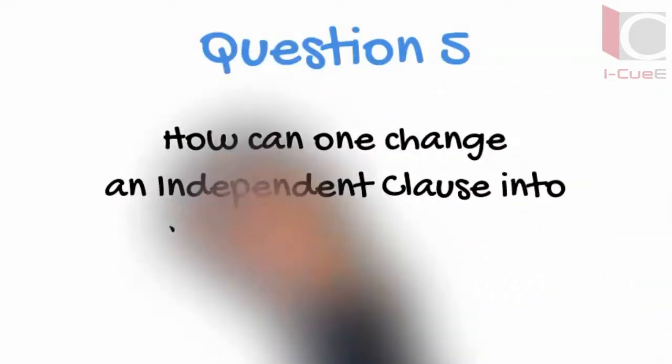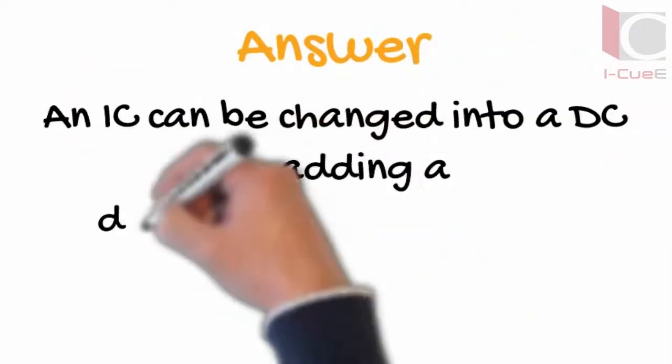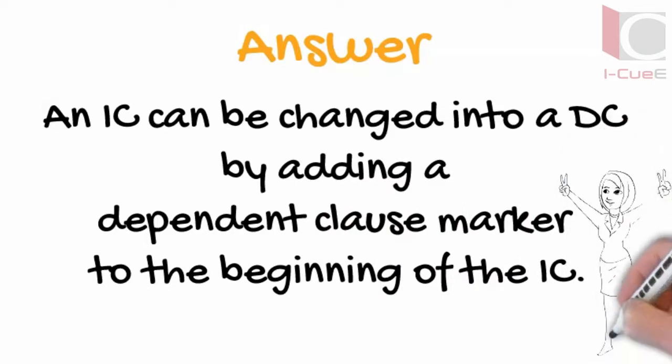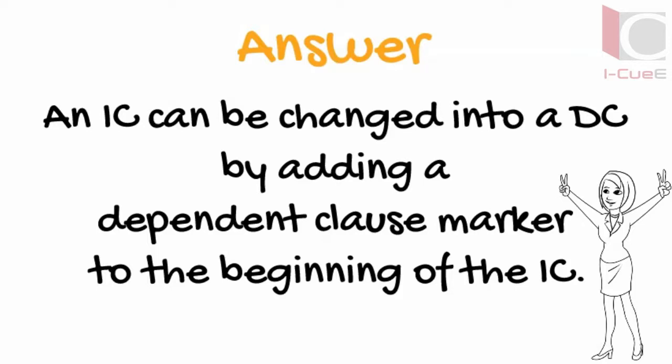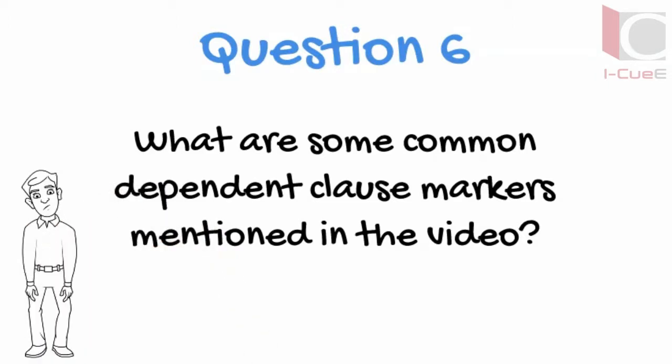How can one change an independent clause into a dependent clause? An independent clause can be changed into a dependent clause by adding a dependent clause marker to the beginning of the independent clause. What are some common dependent clause markers mentioned in the video?